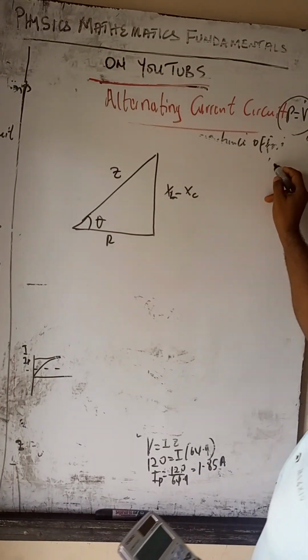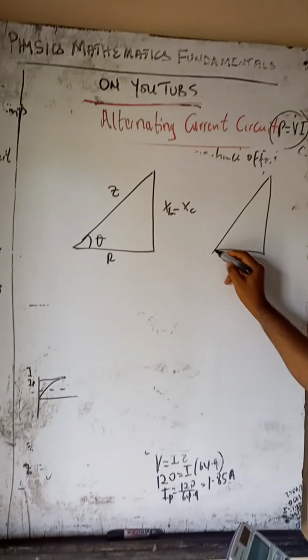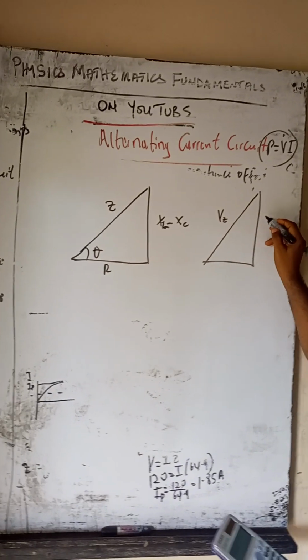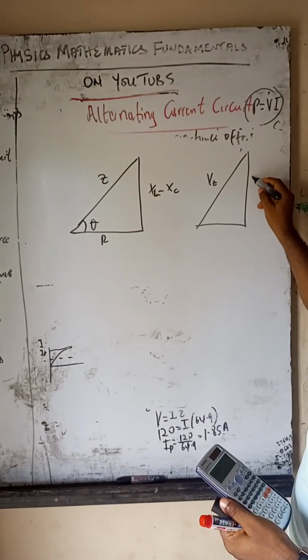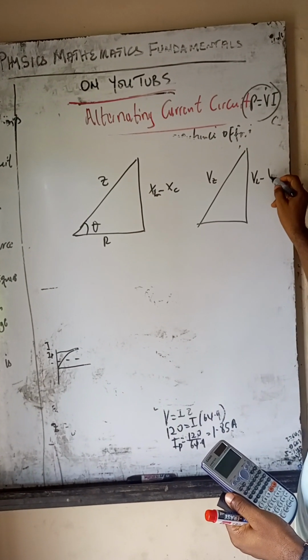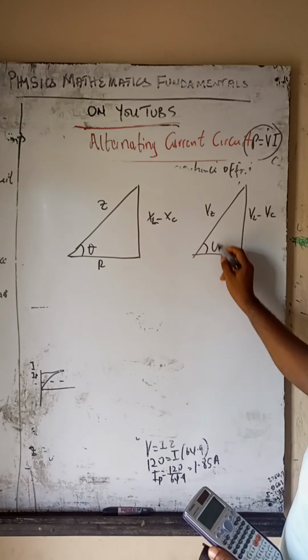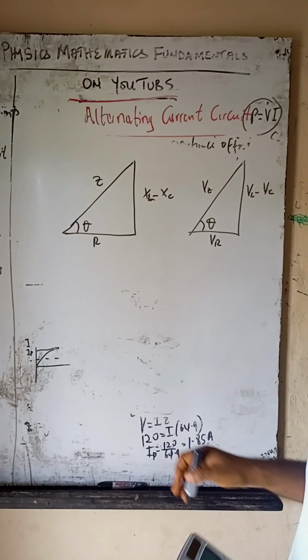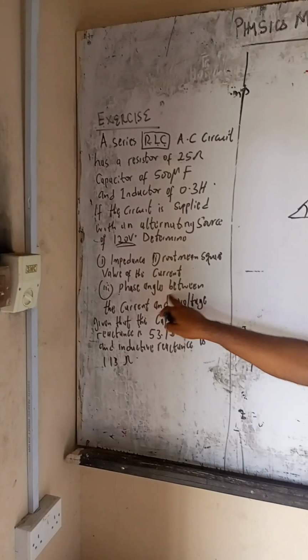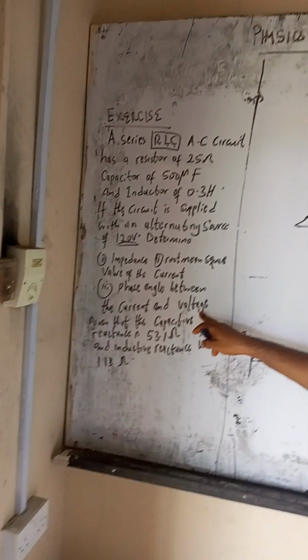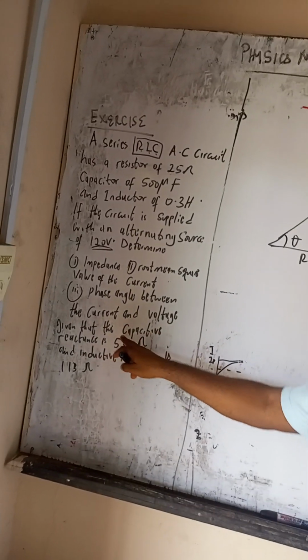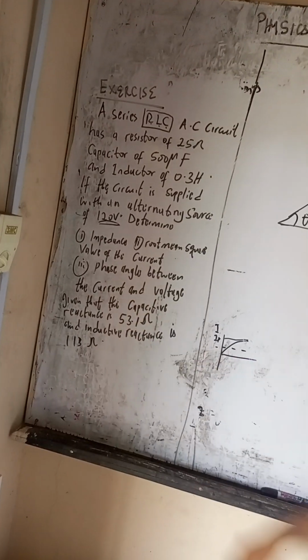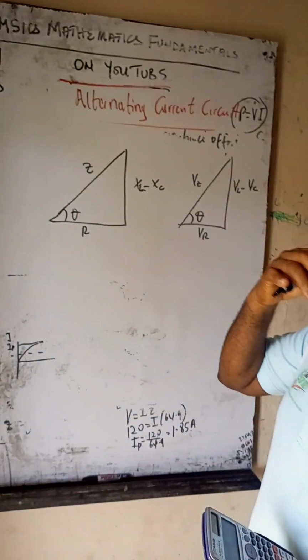If you are talking about their equivalent voltages, I can have V for the impedance, then for this one it's going to be VL minus VC. Then I have this angle, and here I have the voltage across the resistor.